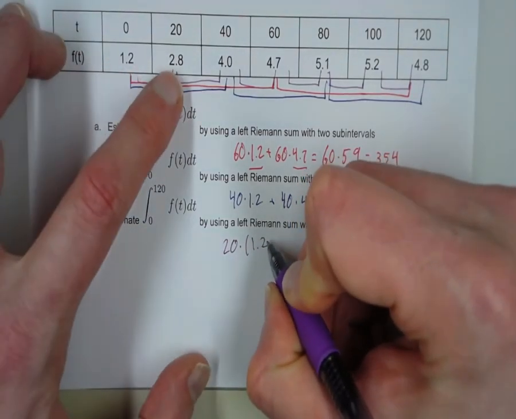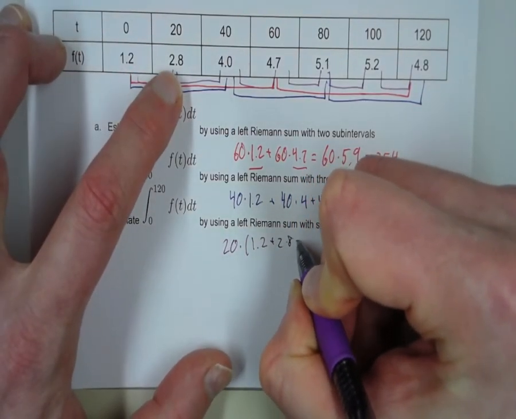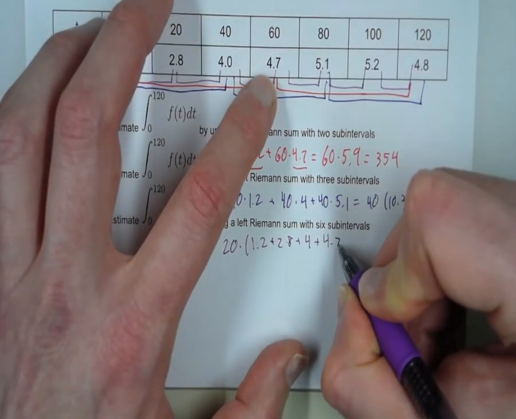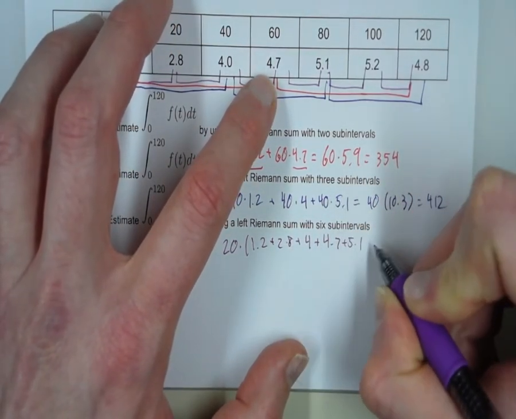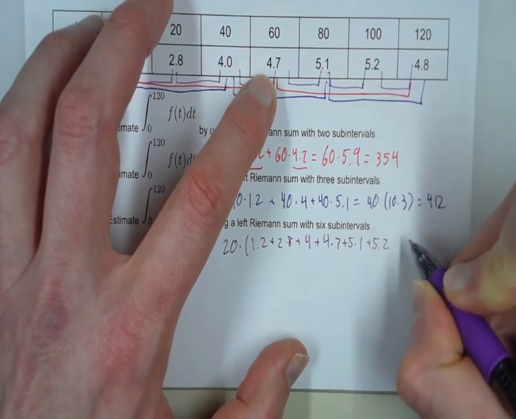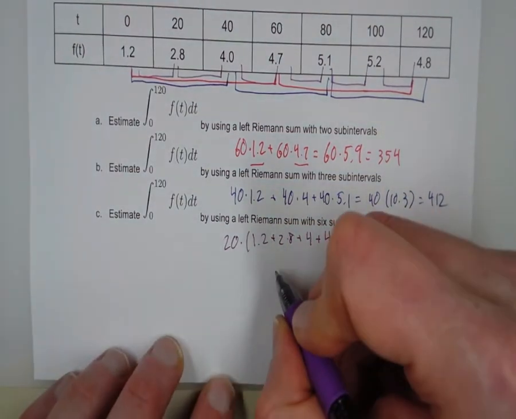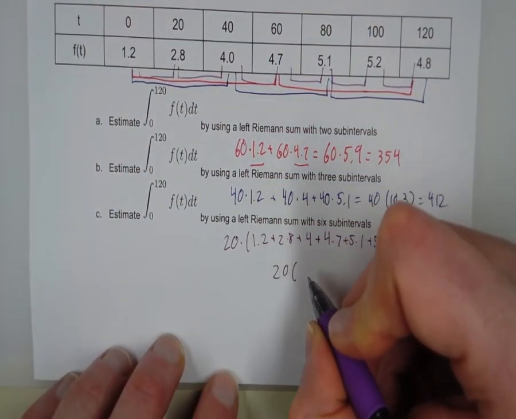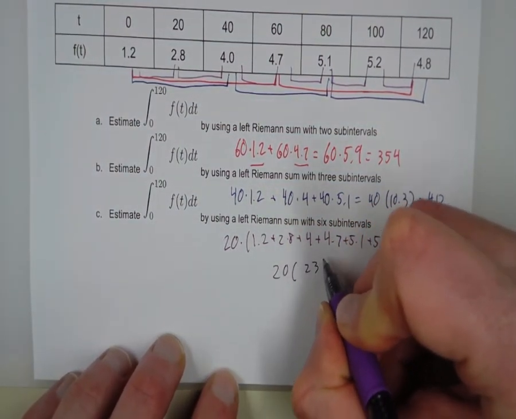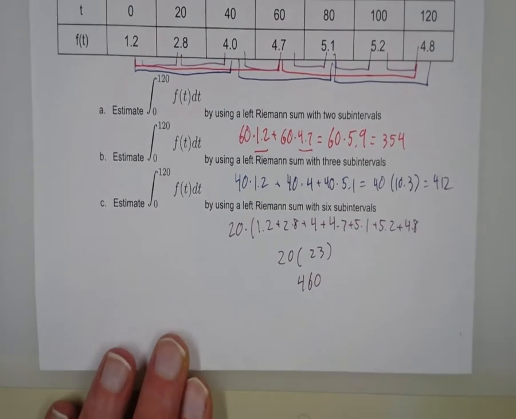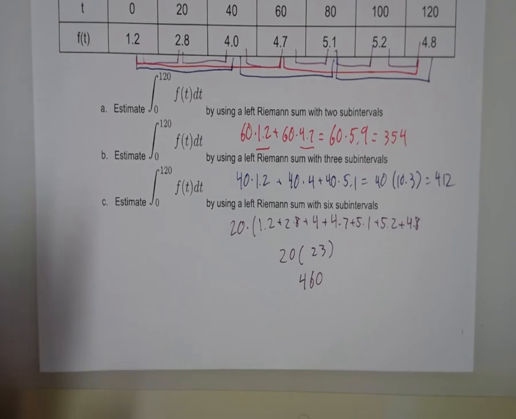So we're at 1.2 plus 2.8 plus 4 plus 4.7 plus 5.1 plus 5.2 plus 4.8. And all that adds together to become 23. So when we multiply by 20, we get 460.